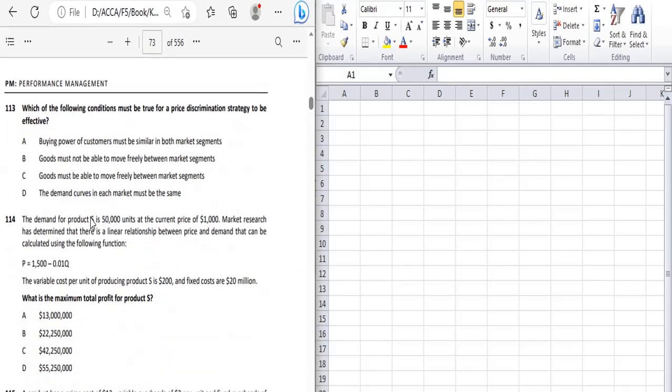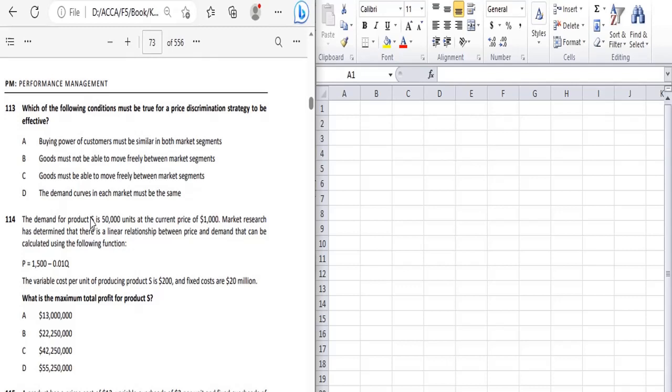So 113, which of the following conditions must be true for a price discrimination strategy to be effective? Price discrimination. Okay, so in price discrimination two prices are charged in two markets for different customers, right?